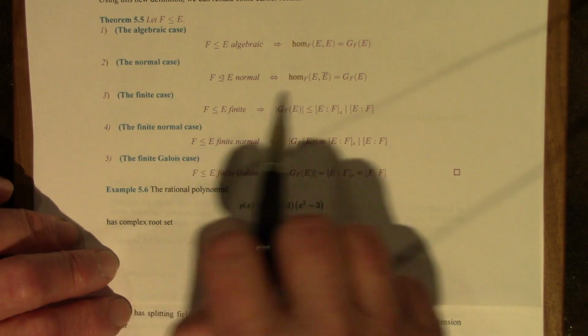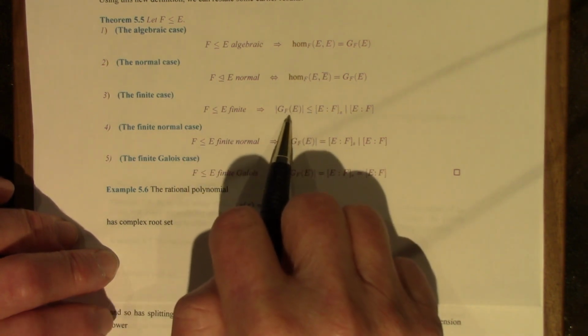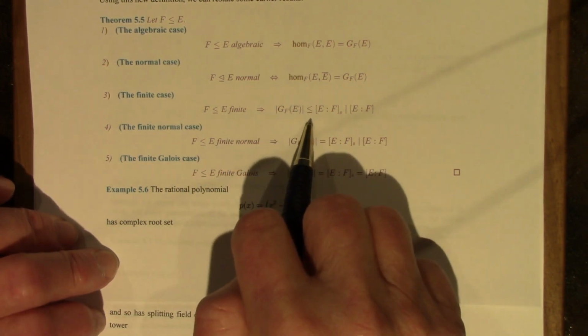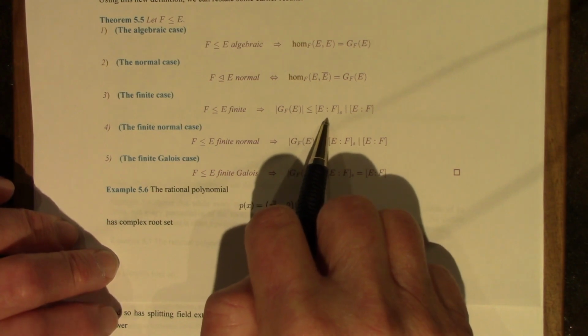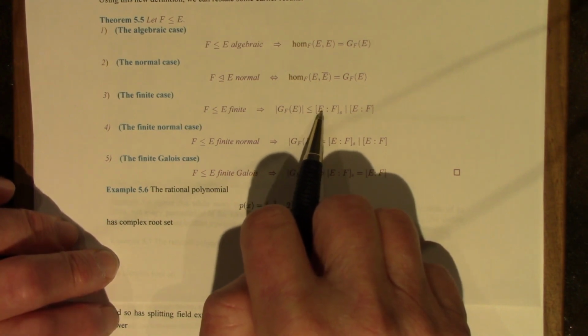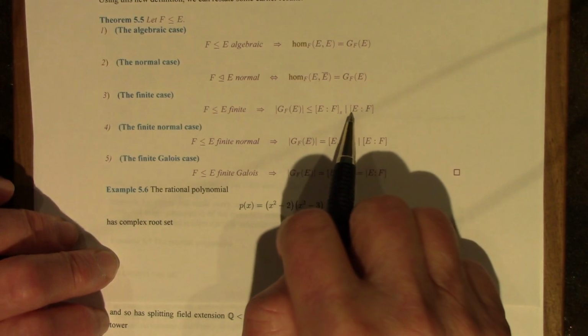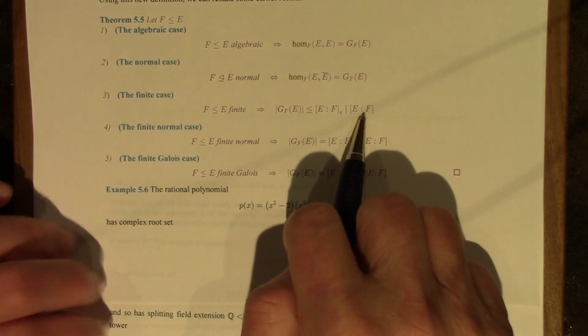FE is finite implies that the size of the Galois group is less than or equal to the separable degree of E over F, which divides the degree.